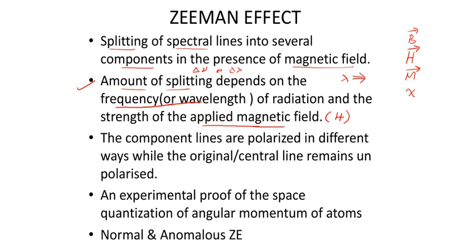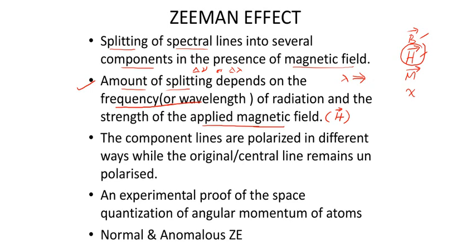All these terms have different meanings. H actually denotes the magnetizing field. It denotes the ability of a magnetic field to magnetize something. So here what comes into the picture is the magnetizing field H.